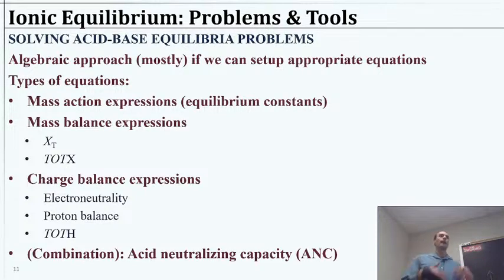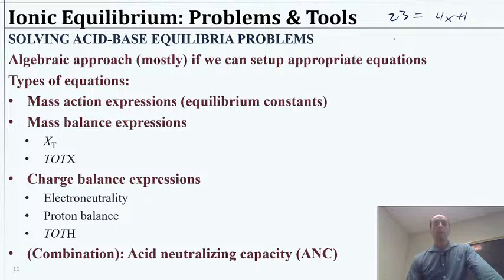Anytime we've done algebra, we can have a system of equations if we have more than one unknown. If we have one unknown, 23 equals 4x plus 1 or something, we can solve that. There's one unknown, one equation, we solve it.